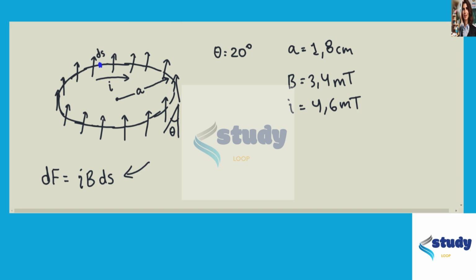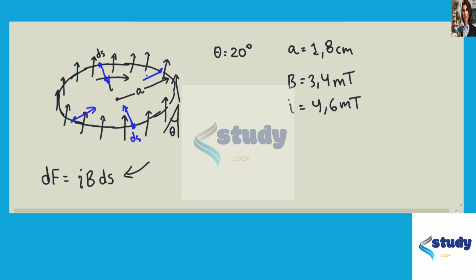Now, when we sum the forces on all of the segments of the loop, the horizontal component of the total force vanishes, since each segment of the wire can be paired with another, diametrically opposed segment. So if we just took another segment diametrically opposed in here, so this is another ds, we can see that this force cancels with this force, and that will happen with another segment, one in here and one in here.